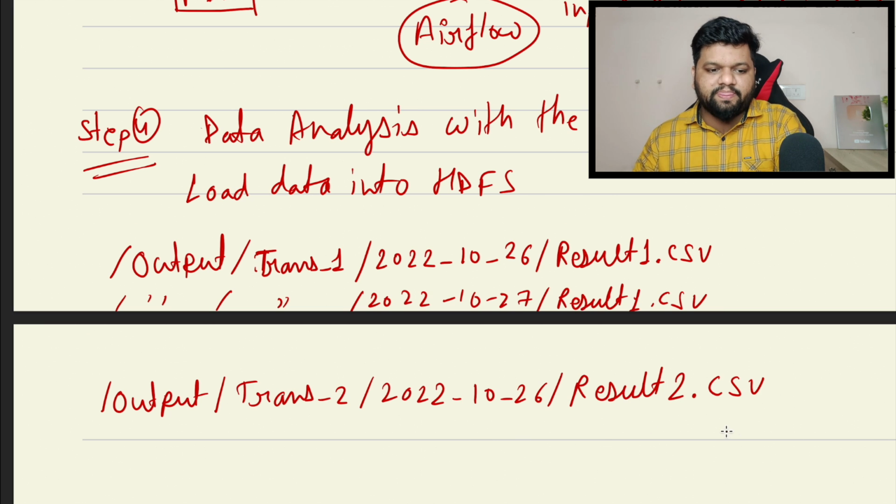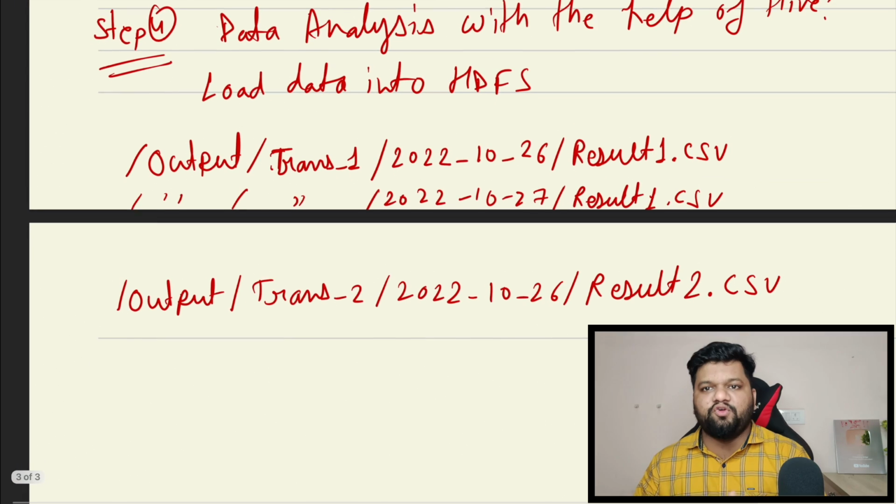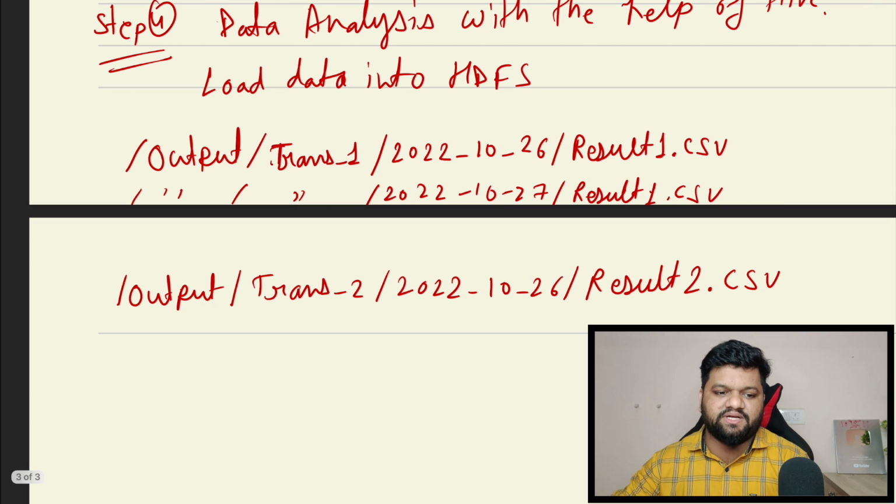So in that case, you can create individual external tables to analyze transformation 1, transformation 2 and transformation 3, right?